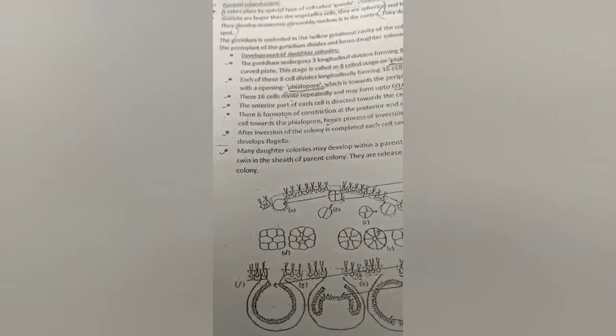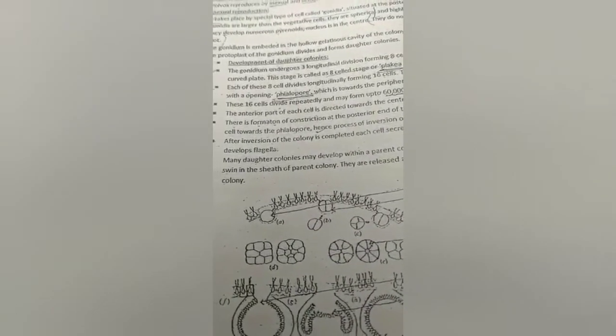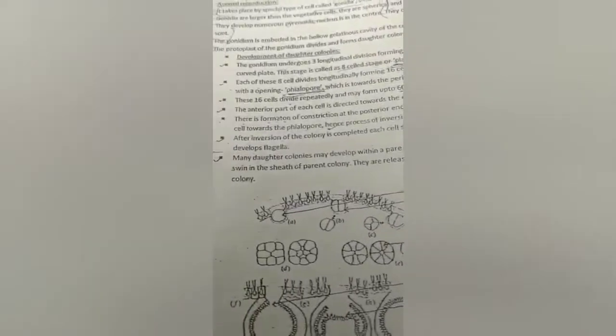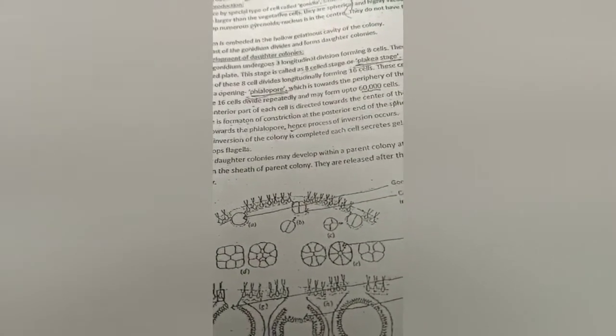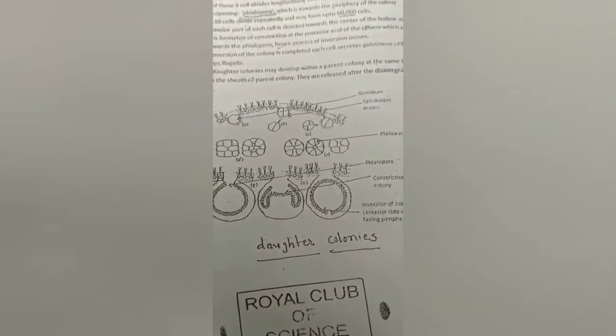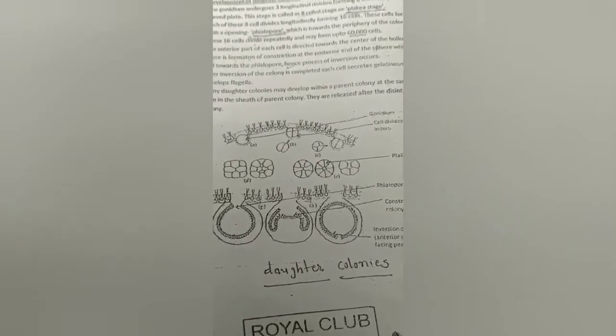After inversion of the colony is completed, each cell secretes a gelatinous cell wall and develops flagella. Many daughter colonies may develop within the parent colony at the same time. They swim in the sheath of the parent colony. They are released after the disintegration of the parent colony. This shows asexual reproduction in Volvox.